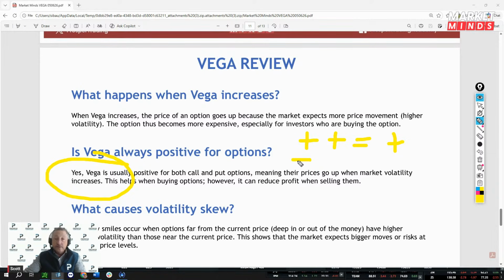If we have sold a call option, so a negative positive, we have a negative delta position. If we buy a put option, we have a negative delta position. And if we sell a put option, we have a positive delta position. Does everybody understand that? That's just normal deltas, right? Just pure algebra here.